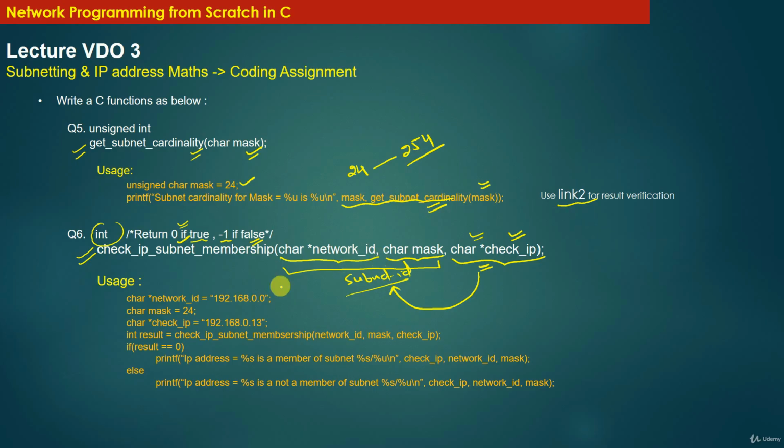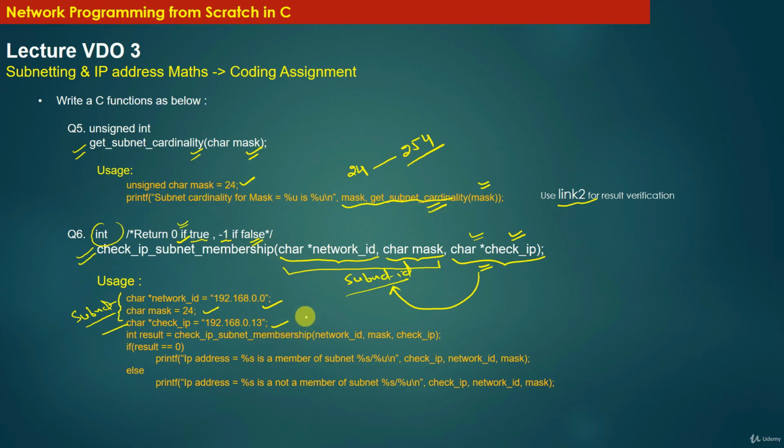So you can check the usage of this API. The network ID, let's say, is 192.168.0.0. The mask value is 24. So these two values put together forms a subnet. So you can compute a subnet from these two values. And the test IP address is 192.168.0.13.